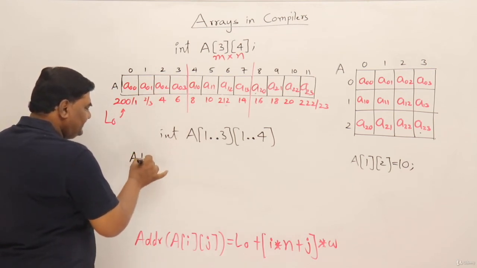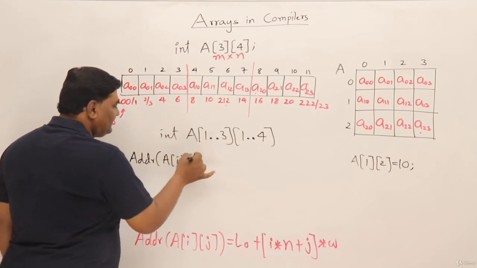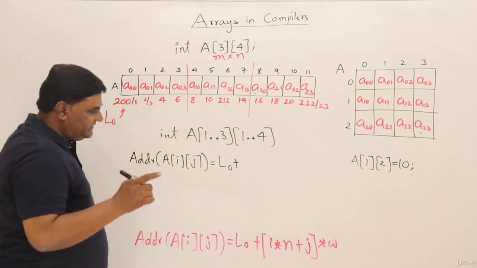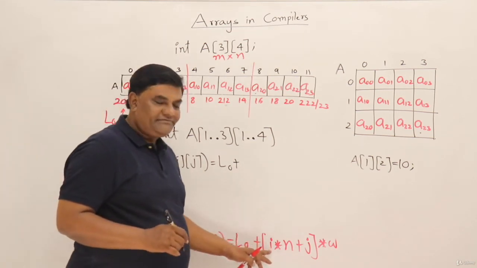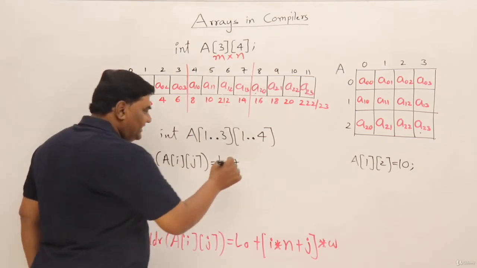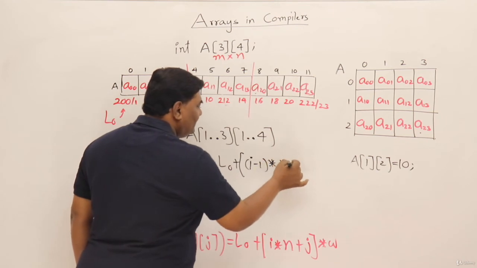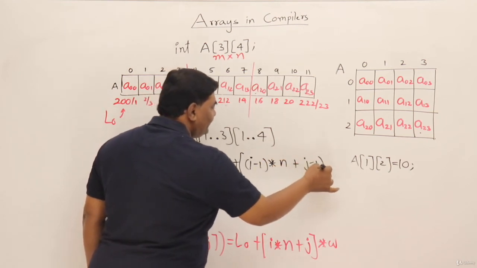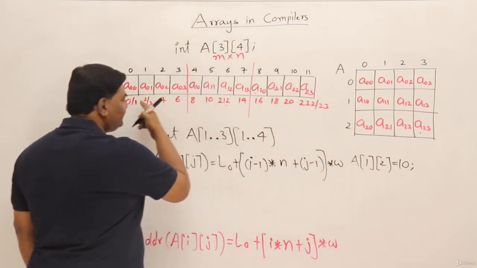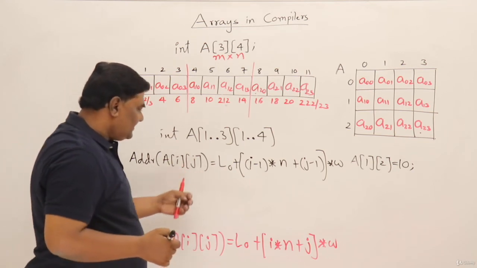So the address of any location A[i][j] can be obtained by L0 plus... we have already seen it for single dimension. This i minus 1 was used because the indices start from 1 onward. So here it will be (i minus 1) into n plus (j minus 1), then multiplied by word size, that is the data type size. So this is the formula.